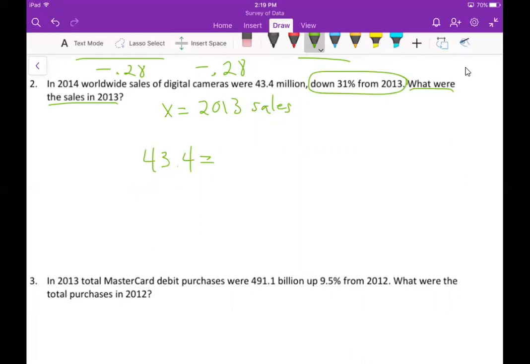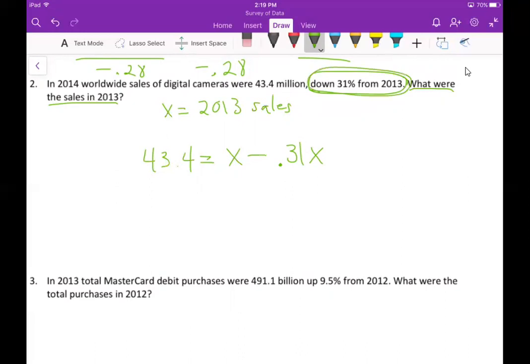So the sales were down from 2013. So we had the sales in 2013 and now they're going to go down. They're going to go down by 31%. Remember though, 31% needs to be as a decimal, and percentages should always be multiplied by something. If we're going to go down 31%, we're going to take 31% away from the sales that we have. So that's how I would represent something that is down 31%.